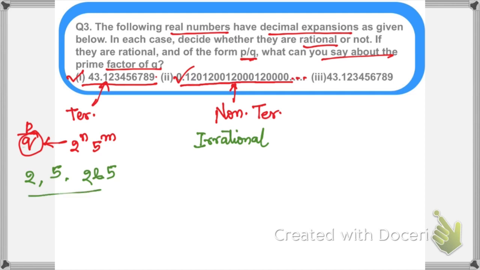But the previous one was of the form p by q, and since it was a terminating decimal expansion, it was definitely a rational number.